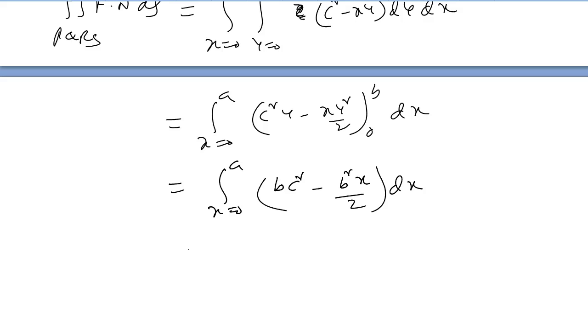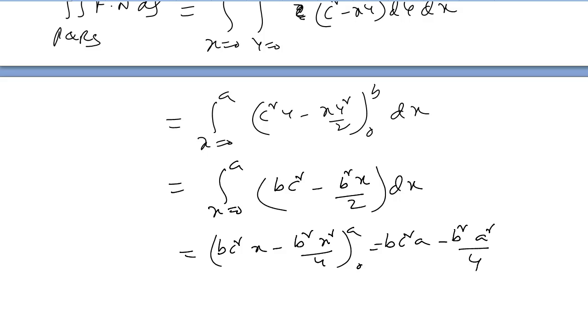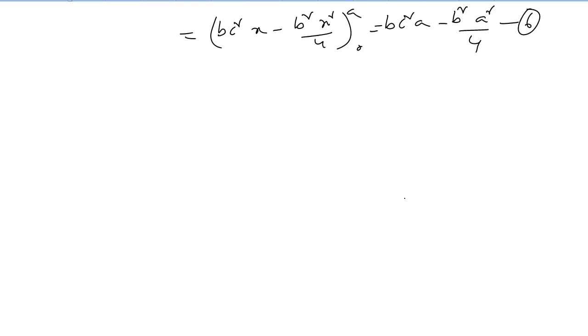Now integrate with respect to x. bc square x minus b square x square by 4, 0 to a. bc square a minus b square a square by 4. Now this is the sixth integral value.